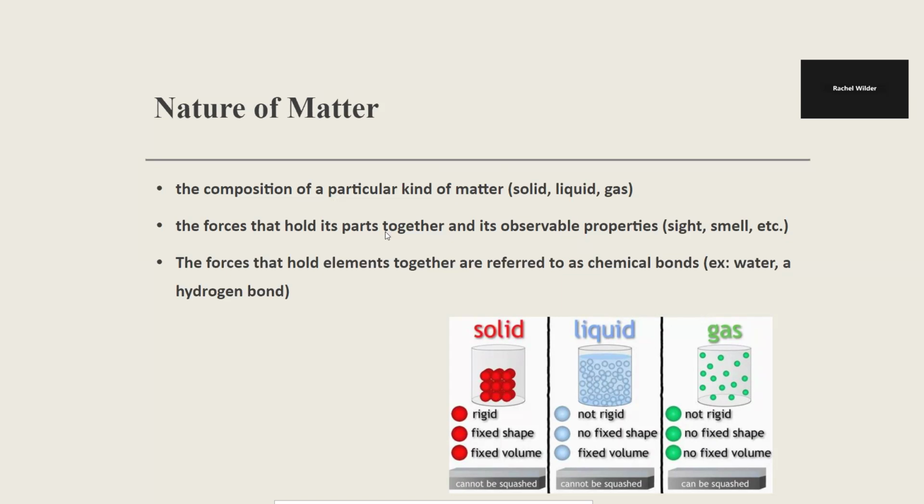There are qualitative properties, the forces that hold its parts together, and observable properties, describing how much is there. The forces that hold the element together are referred to as chemical bonds. For example, a hydrogen bond, which would be in water.